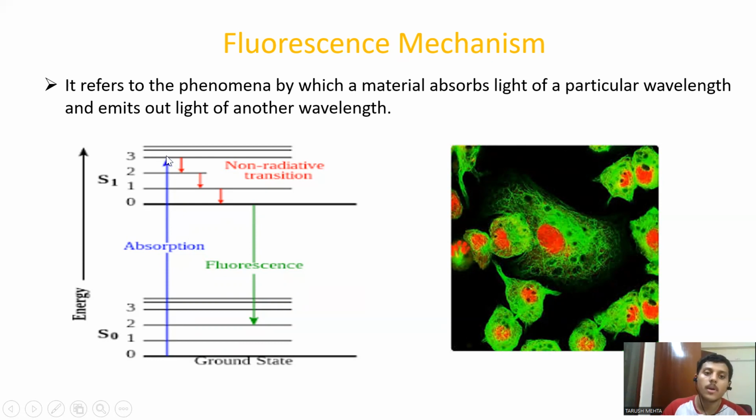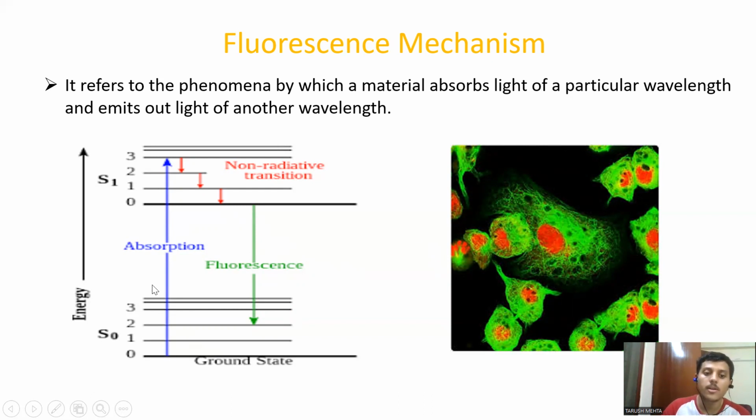Here the electron is momentarily unstable, and so it will decay in a non-radiative fashion and come down to the state 0, and this energy will be given off in the form of heat. This state 0 will again decay back to the ground state, because of which a photon of a different wavelength will be emitted.